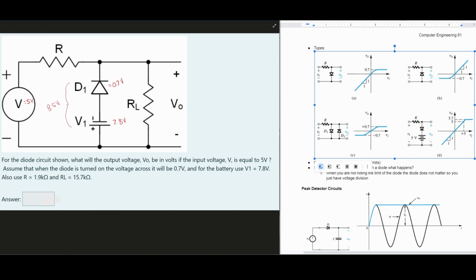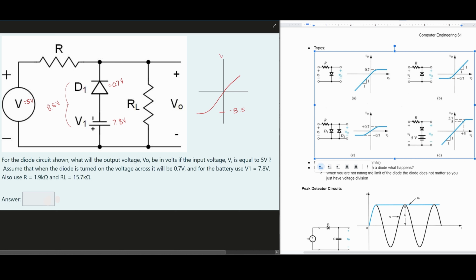If we draw a little graph of this over here, we know this 8.5 volts is what we have. With the diode pointing upwards, we're going to have the opposite, so we have our negative 8.5 here.